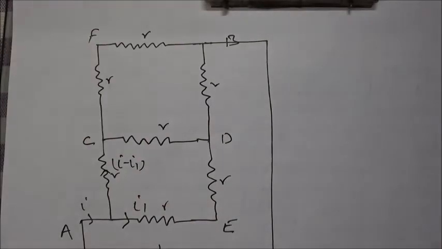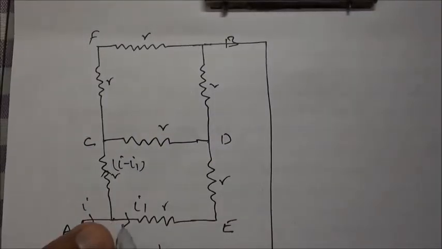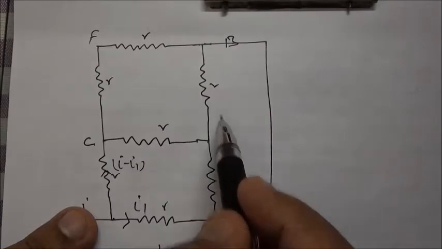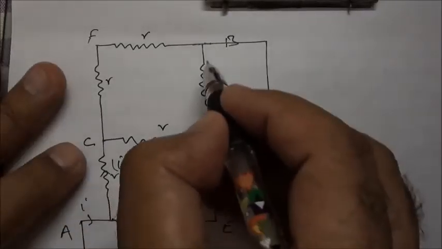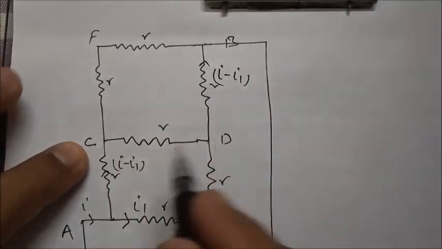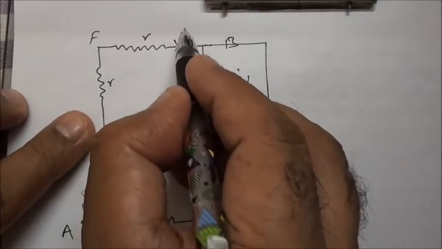Now see again, if we see the symmetry from A, this branch has 2R, this has R, and here this has 2R and this has R. So if I take that the current through the R, 2R branch is I1 and through R it is I minus I1, then through R here we should get I minus I1, and through the branch which has 2R I should get I1.